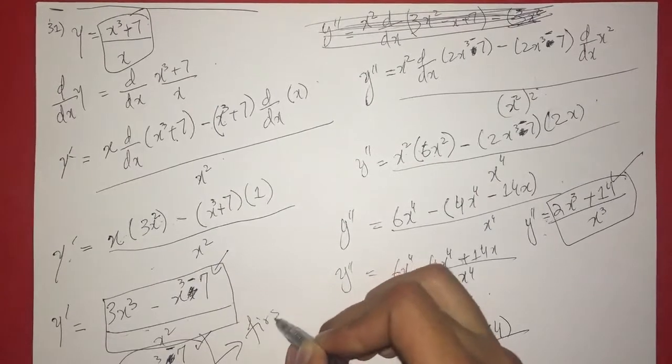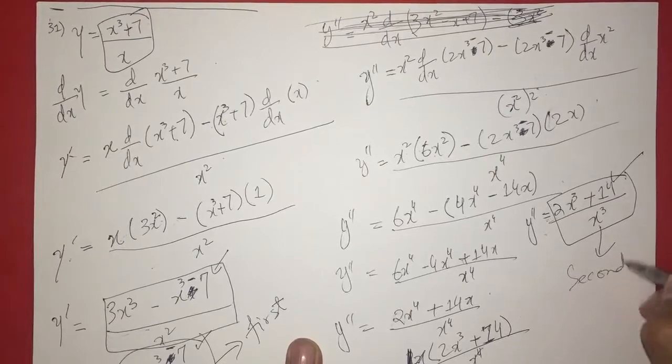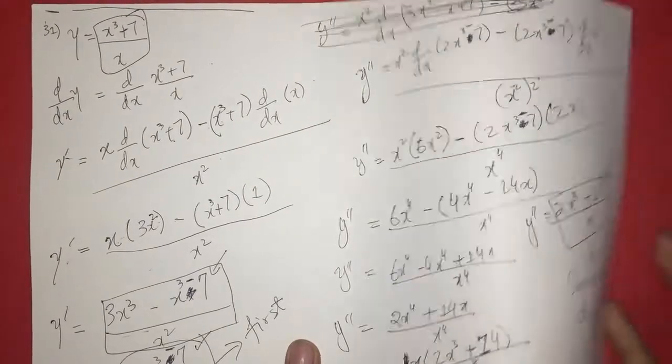This right here is the first derivative, and this right here is the second derivative of this function.